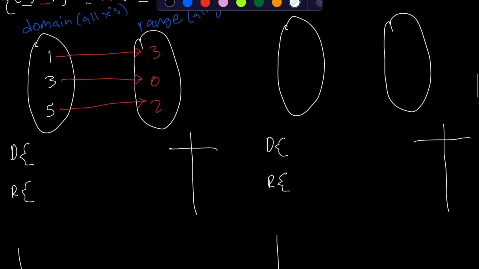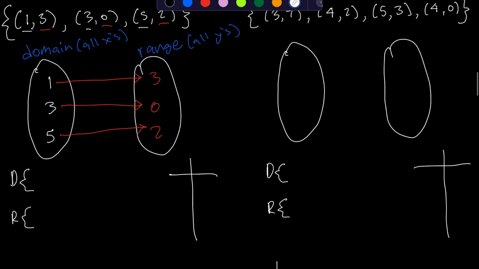Let's look a little deeper by showing domain and range. So remember, domain is just all possible x values. Range is just all possible y values. And these notations that I've just circled are essentially the same thing as what we drew in these bubbles, just a little different. So we can write 1, 3, 5 as all our possible x values. And the range we have 3, 0, 2. And technically these could be in order, so let's write it ascending: 0, 2, 3.